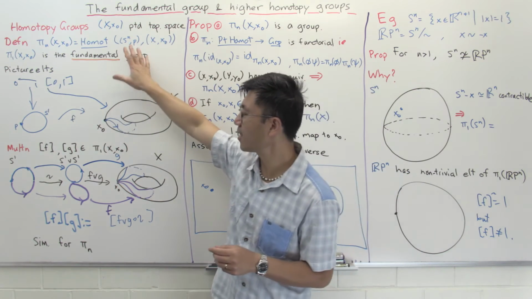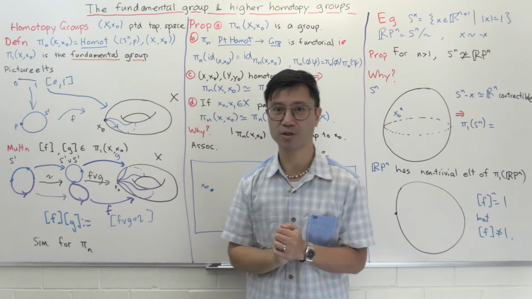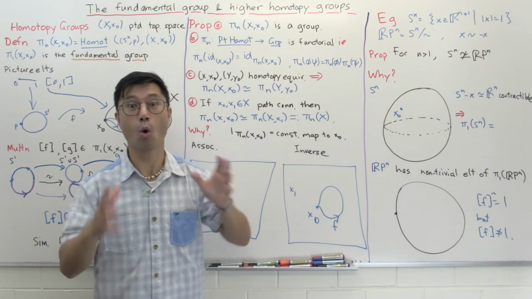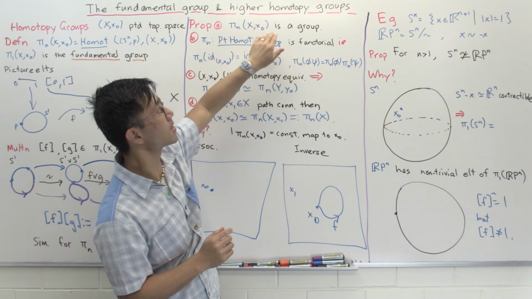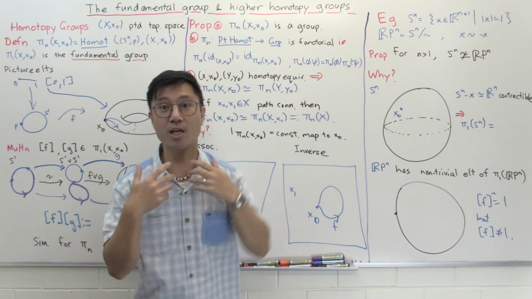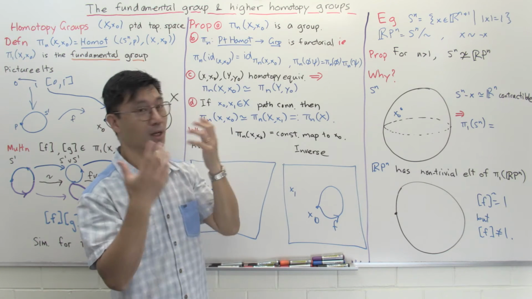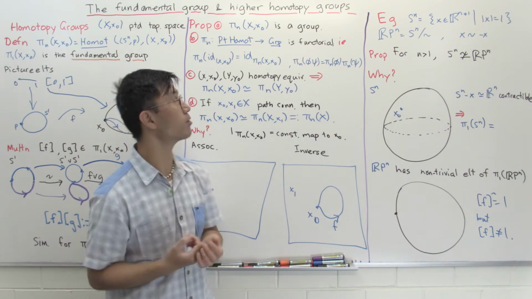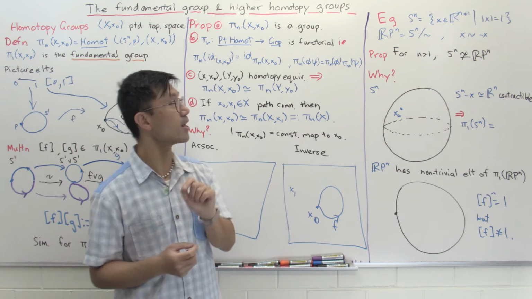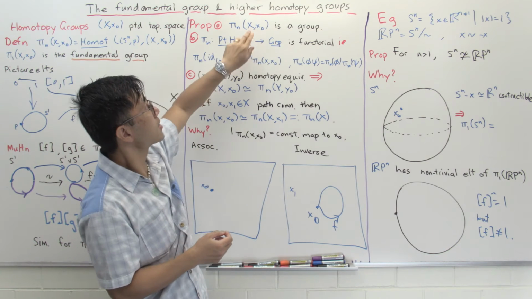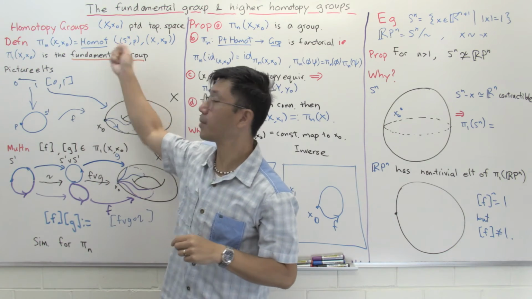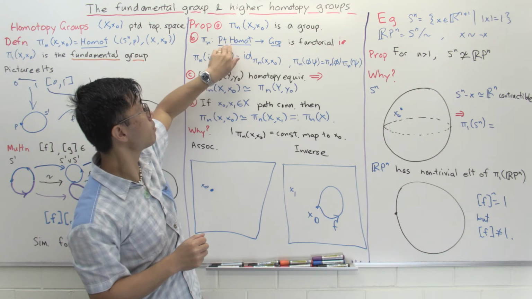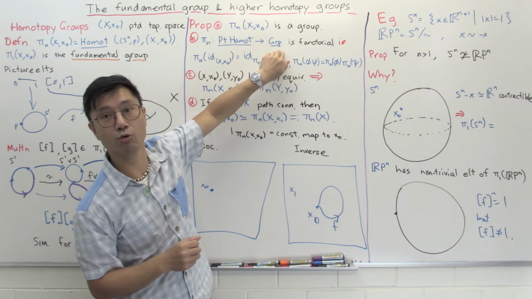We have this set, and we have a multiplication defined on it. And this proposition really tells us why this is a wonderful tool. The first thing is that this pi n x0 is actually a group, so we can apply the technology of group theory to it. The second thing is that it takes these objects, which are essentially in the homotopy category of pointed spaces, and it gives you a group.